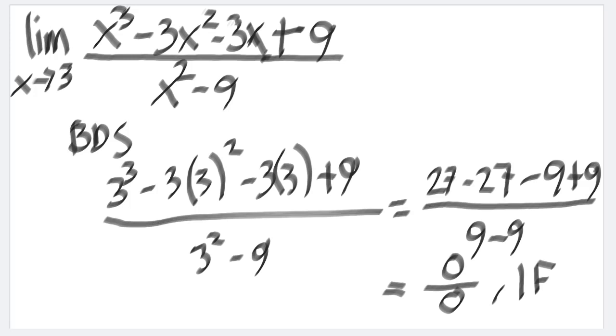We will try to factor the numerator and denominator and see if there are factors that we can cancel, so that we may evaluate the new function that comes after factoring.